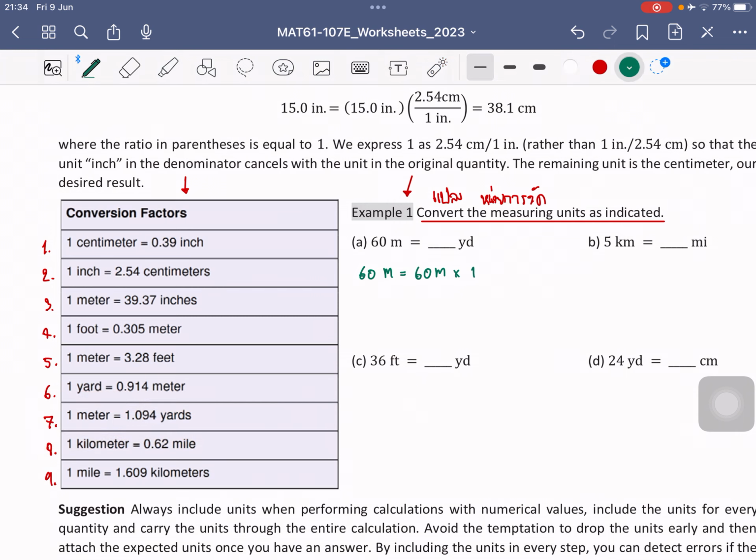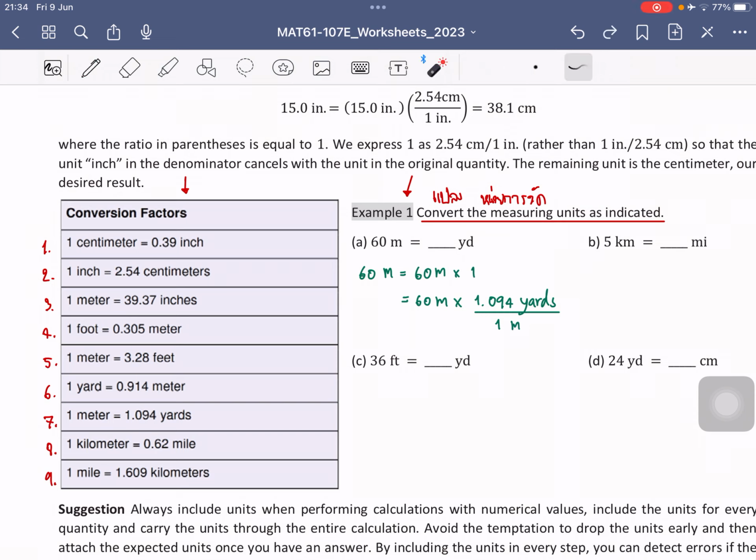If I write 60 meter times 1, we know that 1.094 yard equals 1 meter, is that correct?